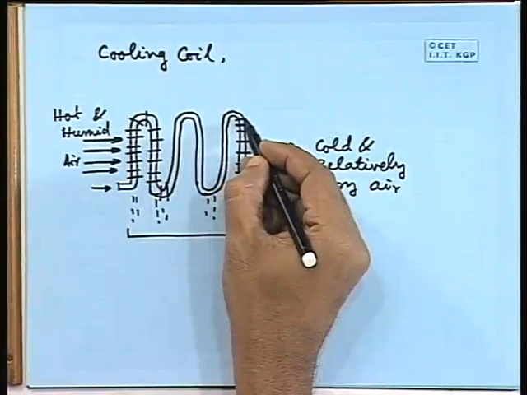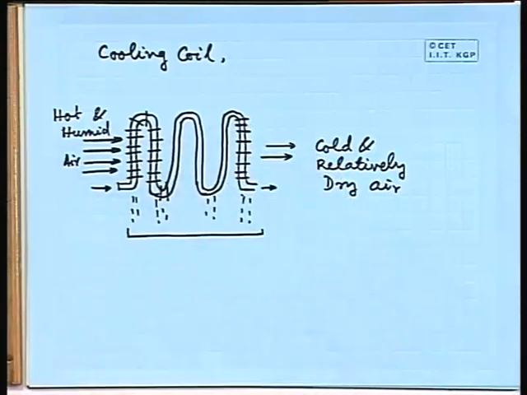I will come to these issues afterwards, but one thing I will tell you: for general comfort air conditioning, we can allow a certain range of humidity. It is not exactly 50%, it can be 55%, or 50 to 60%. So, we can have a range of humidity.